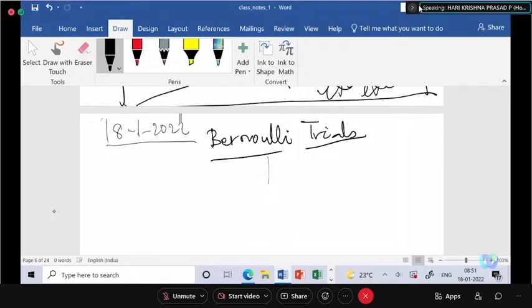So what type of experiment are we considering? We are considering an experiment that has only two possible outcomes.